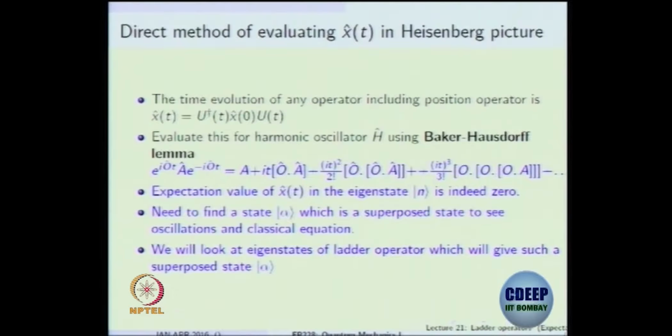Before we try to find the superposed state, we know the number eigenstates are not simultaneous eigenstates of the A operator and A dagger A, right? Why? A dagger A and A don't commute. The number operator does not commute with the ladder operator. Is that correct?